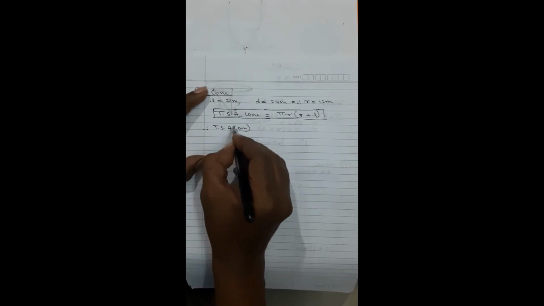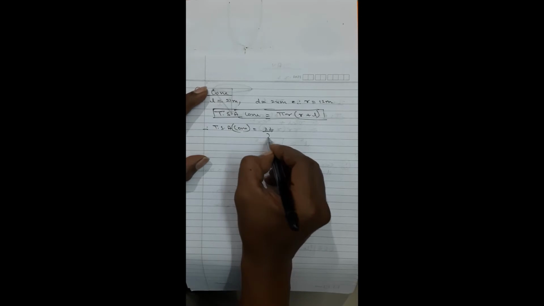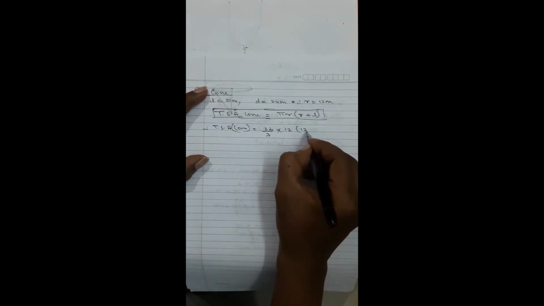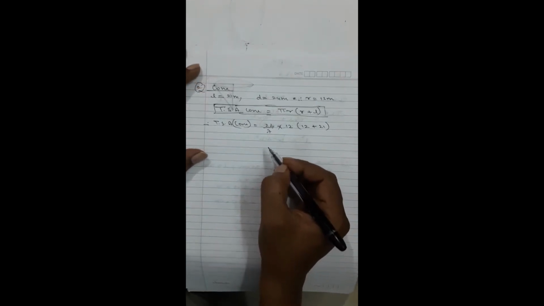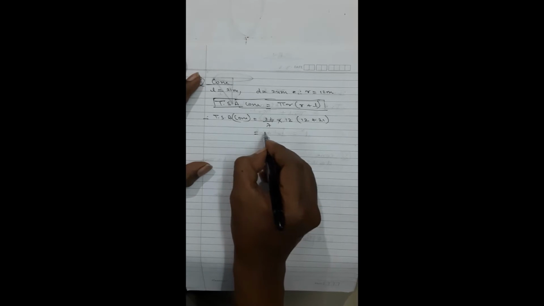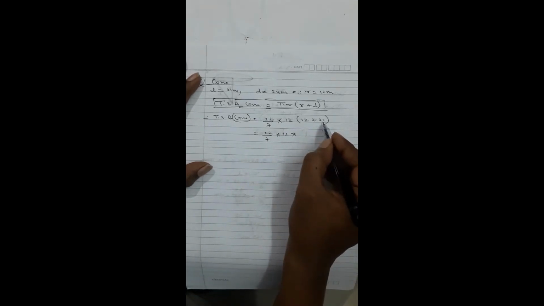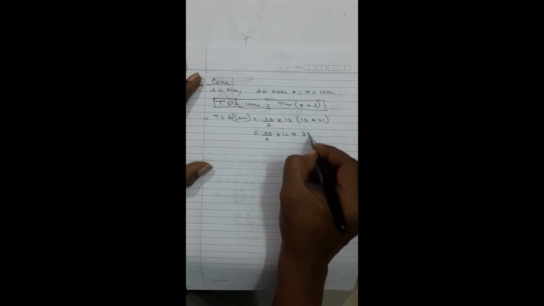Therefore, total surface area of our cone will be equal to 22 upon 7, R is 12, plus L is 21. Fine. So, this becomes 22 upon 7 into 12 into 33.